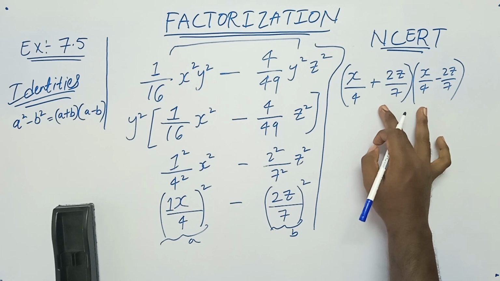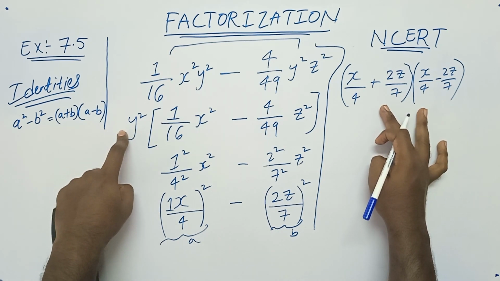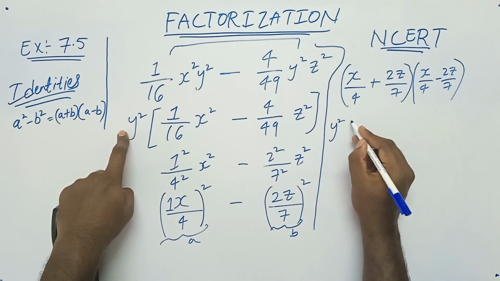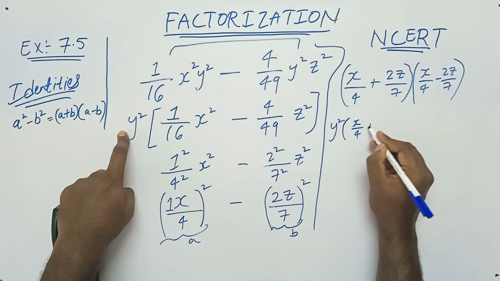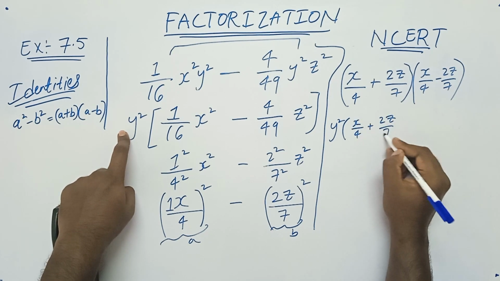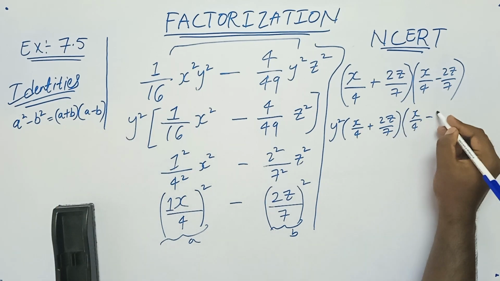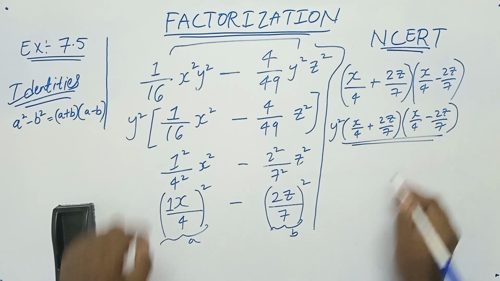So we got a product of two factors and we got another factor y square which is getting multiplied. So our factors are y square times x upon 4 plus 2z upon 7, again multiplying with x upon 4 minus 2z upon 7, the three factors of the given expression.